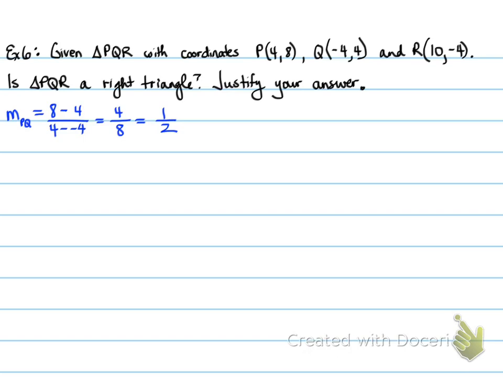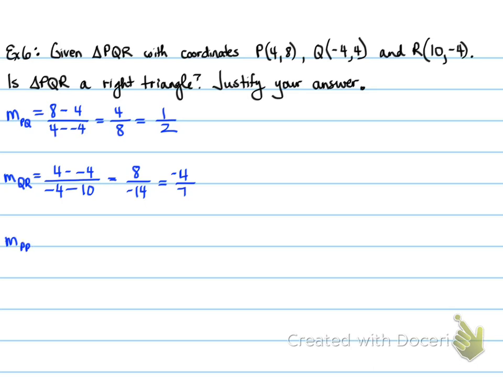Next part is we're to find the slope of QR. That is negative 4, 4, 10, negative 4, and draw 3 lines, and we should get 8 over negative 14, which results in negative 4 over 7.